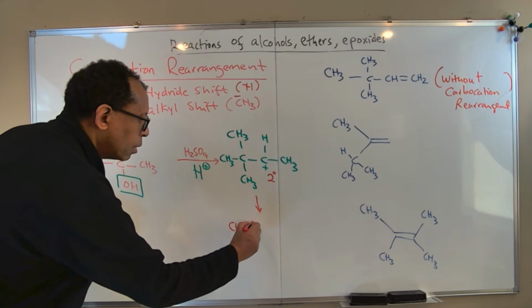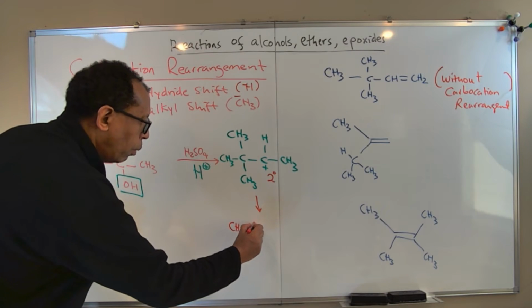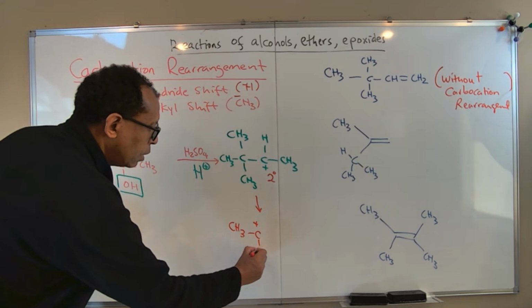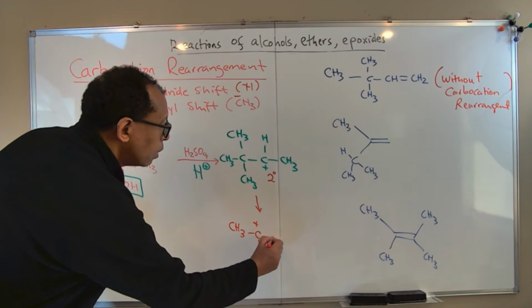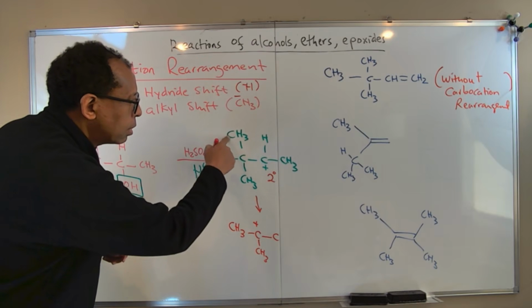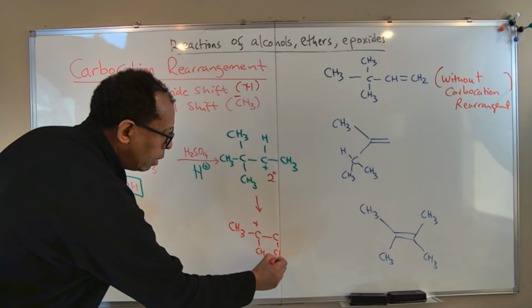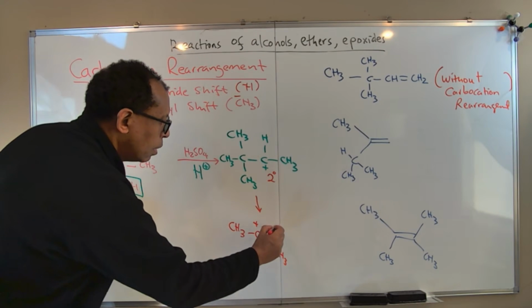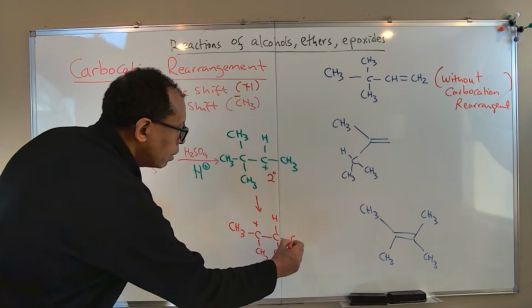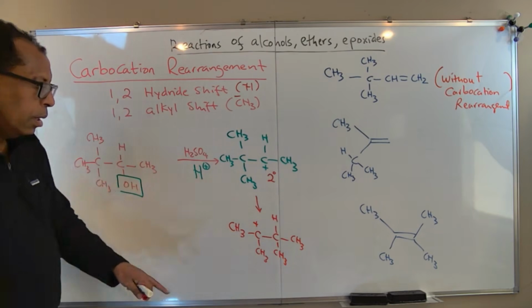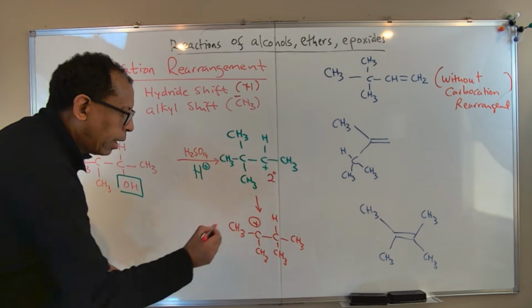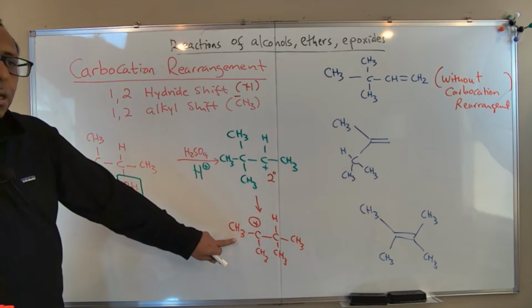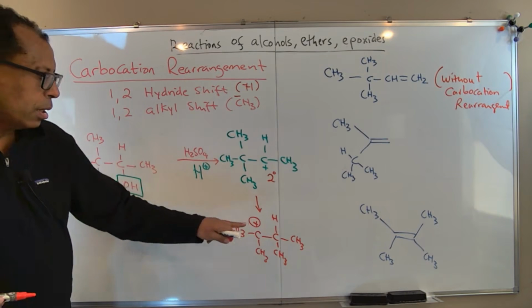Why it shifts, I'll let you know why that is. CH3. Now the carbocation is shifted into this. Hydrogen is still there. CH3 is there. Now this carbocation, if you look at it, is a tertiary carbocation.